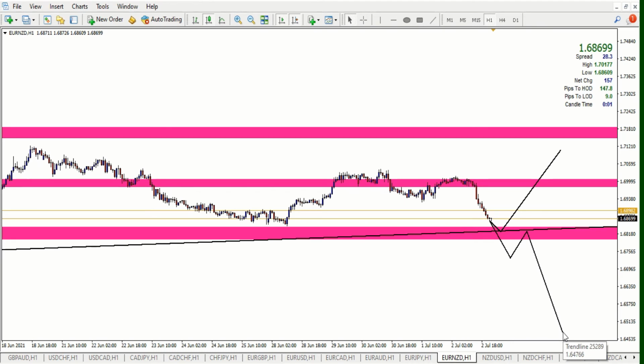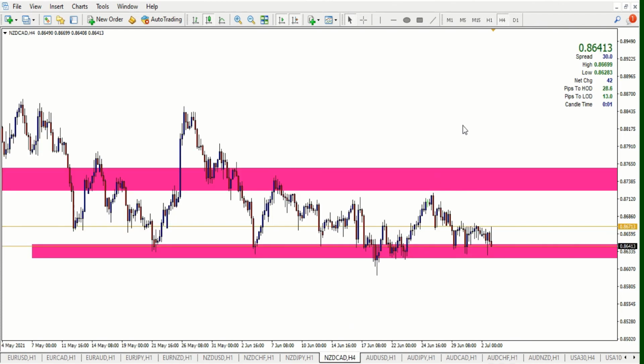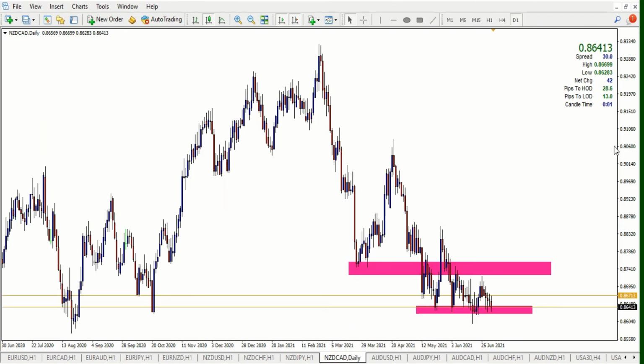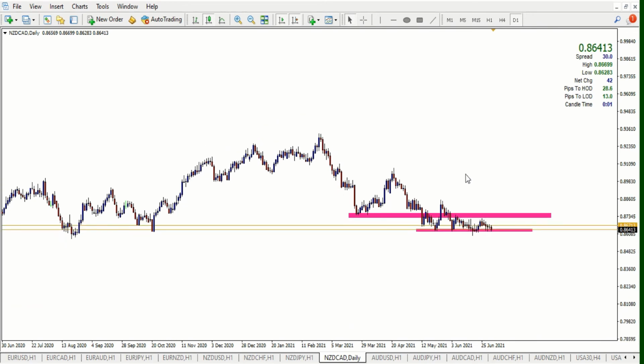Now for the next pair, it should be the final pair, that's NZD CAD. Now this one is in a downtrend. The market is making lower highs and lower lows.